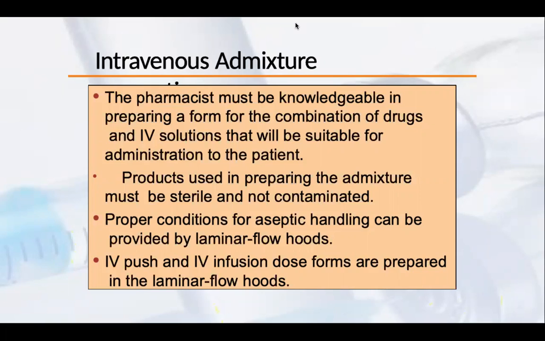So you need IV push or IV infusion dose forms, or in normal language, IV sets. These are prepared under laminar flow hoods to maintain the sterility of the drugs.